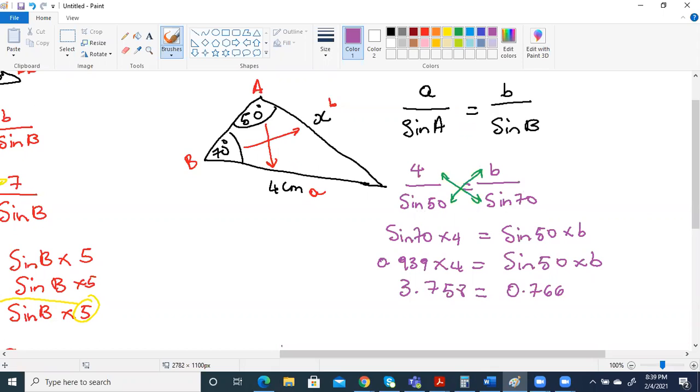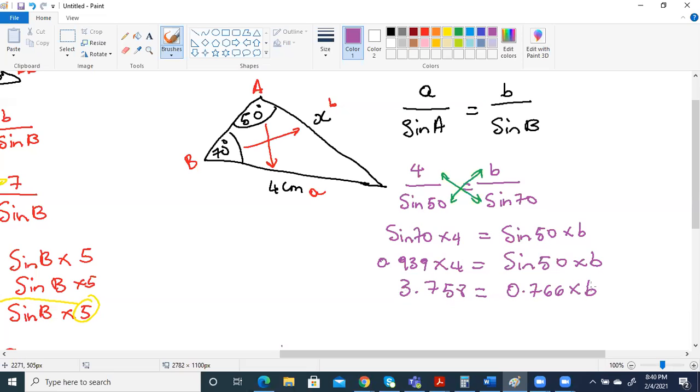When I plug it into my calculator, I don't round it off. It's the long number that I multiply by the 4 over here. That's why you guys got 3.756 and I have 3.758. But that third decimal place is not consequential. It doesn't matter substantively, so don't worry about it.